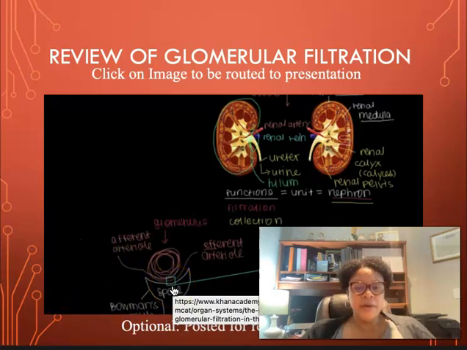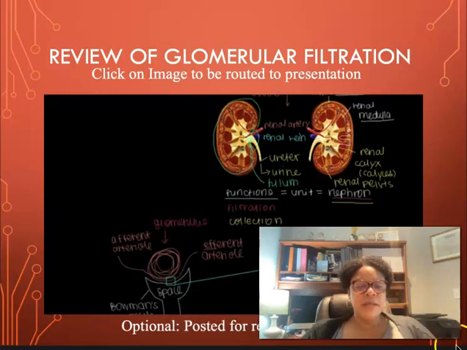Now, there are some other areas too, but I think he does a really good job of showing and explaining all the filtration and stuff like that. It's not too intense, but it's just enough to really help you see clearly. So make sure you take a look at that just for a quick review.